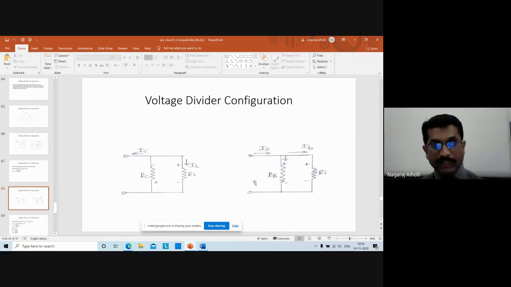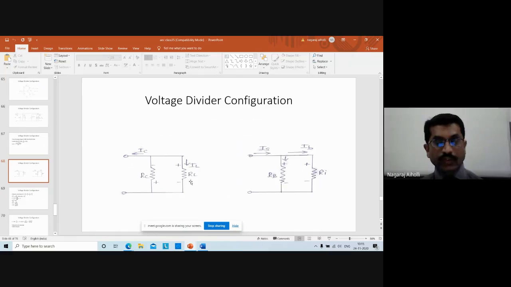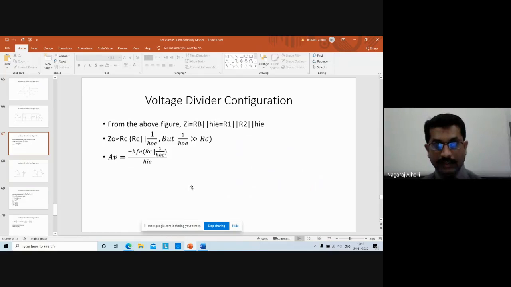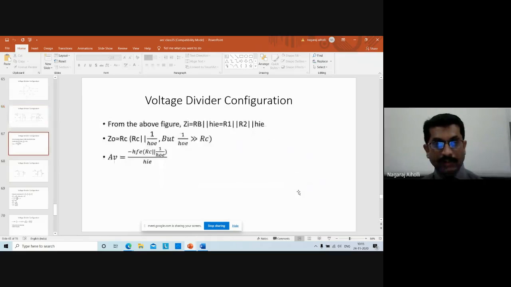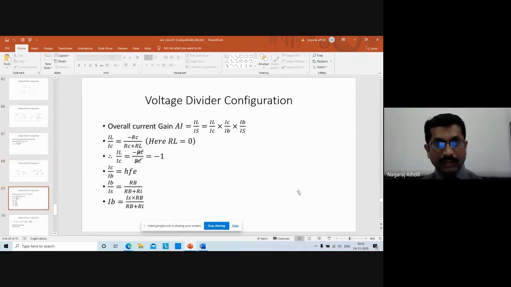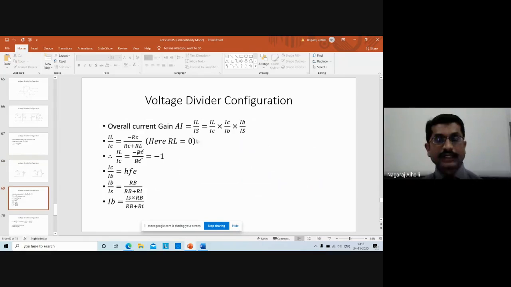Now let us find the output current by the input current. The formula for current gain is output current by input current. That is, AI is the final output current, the current through the load RL, which is IL, divided by the input current, the main current II or IS. That is, IL divided by IS gives the current gain.